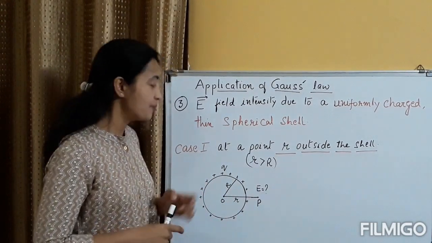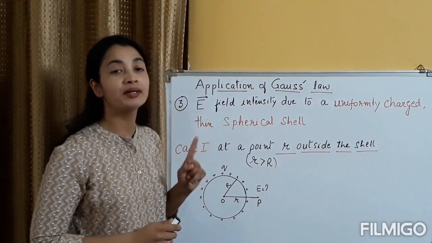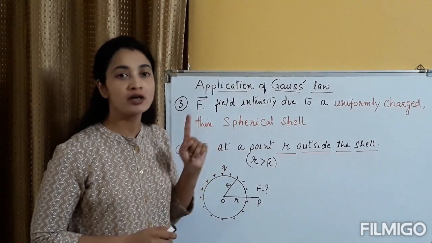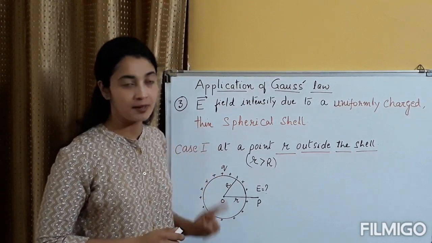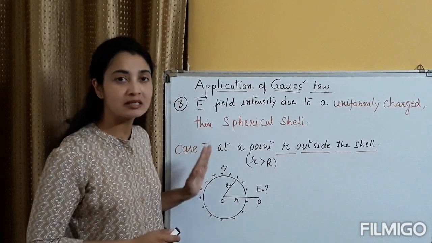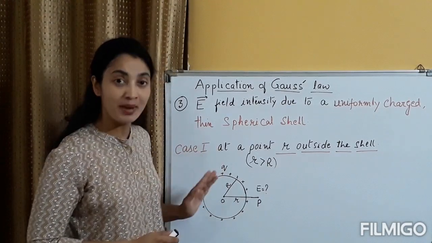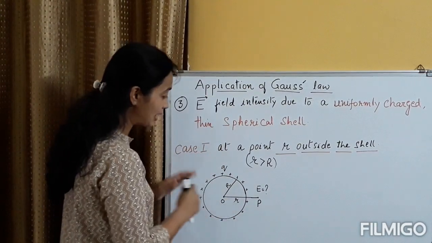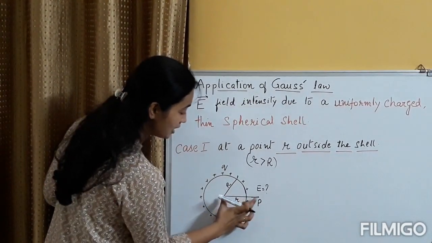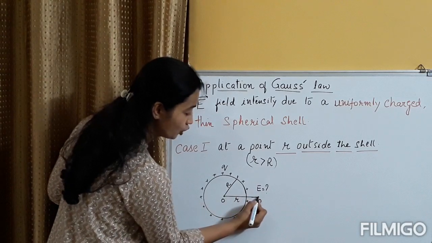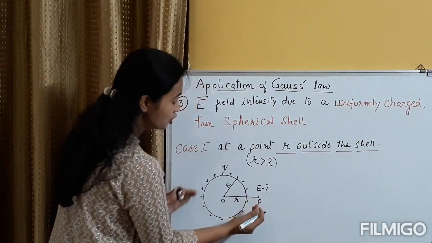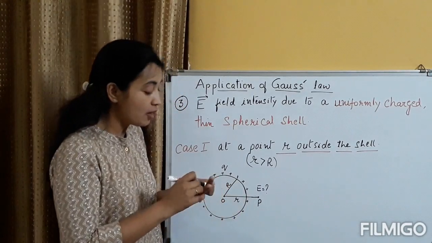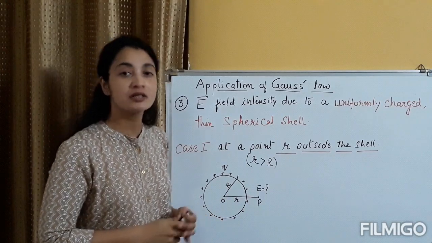You know the answer. The first and foremost step in the application of Gauss theorem is to choose a suitable Gaussian surface. And the most suitable Gaussian surface, according to symmetry, will be another sphere itself, a sphere of radius small r passing through the observation point, which is enclosing the given spherical shell, will be serving the purpose of a Gaussian surface.